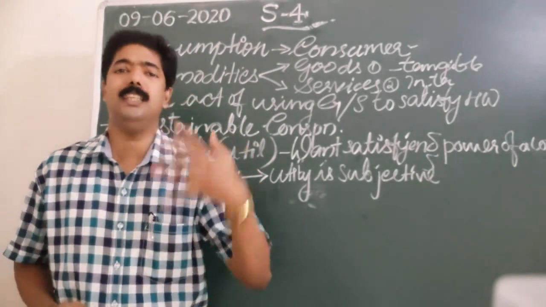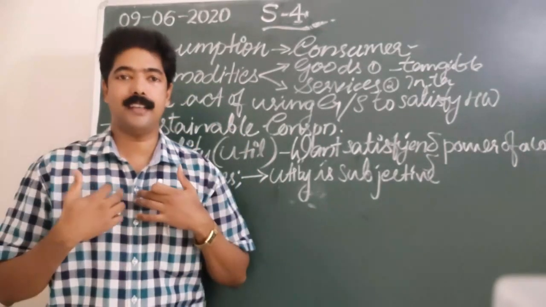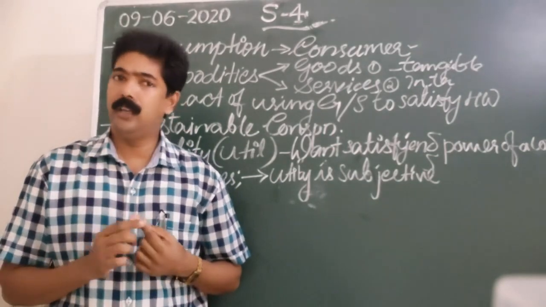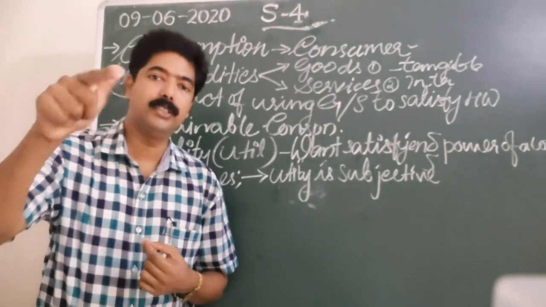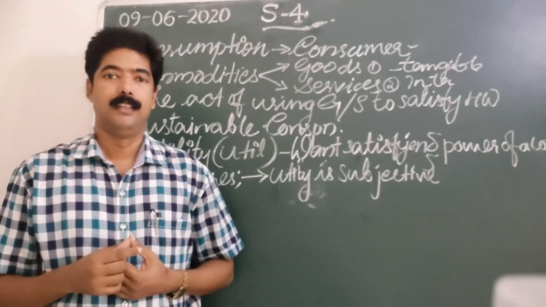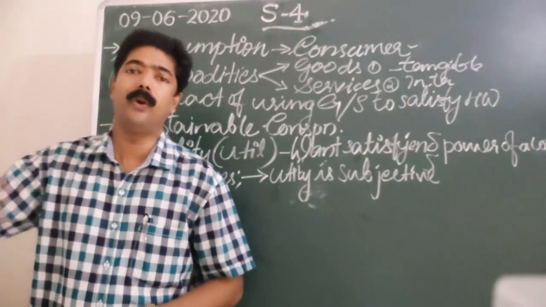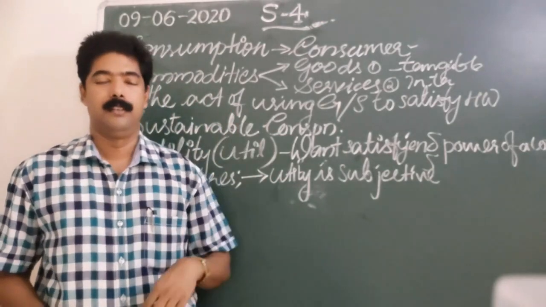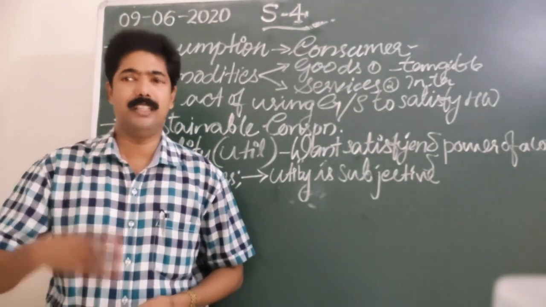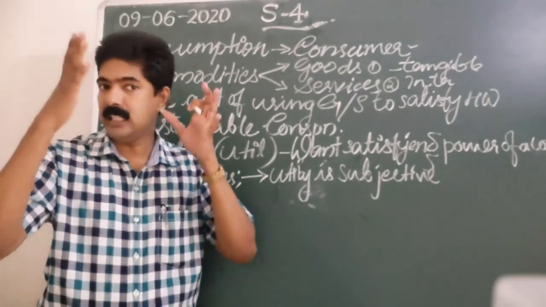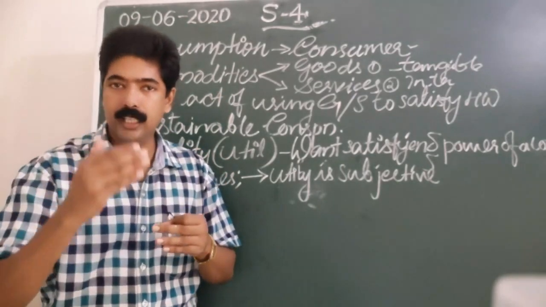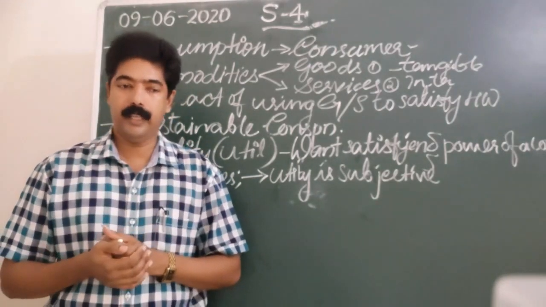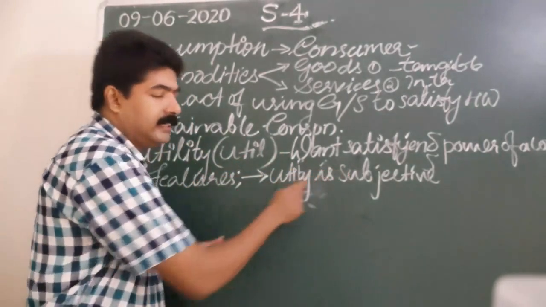What satisfaction I have got after consuming one apple will not be equal to your satisfaction. The same apple, if you have taken, I may say very good, but you may say it's not that good, it is okay, normal. The satisfaction level is subjective in nature. It is hypothetical in approach. So that is what utility is subjective means.